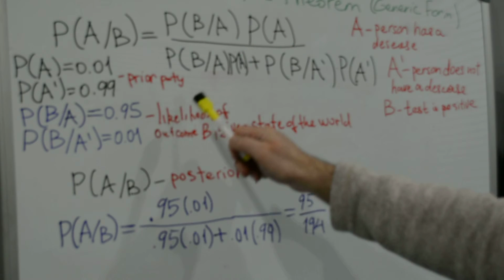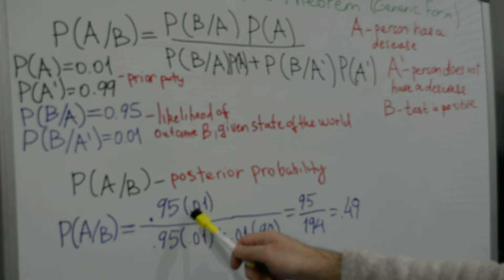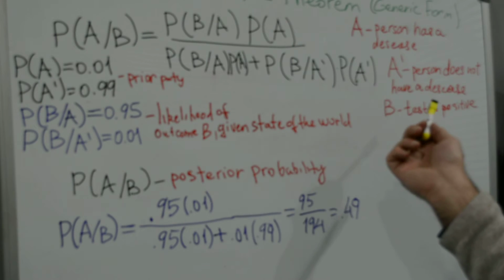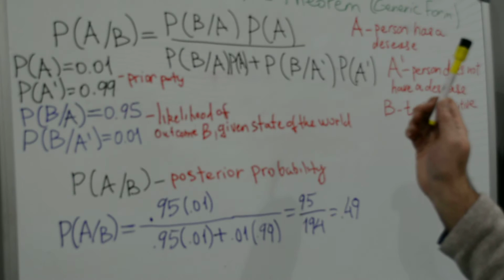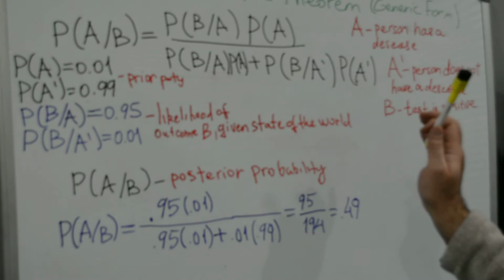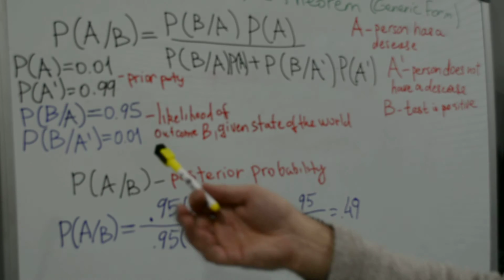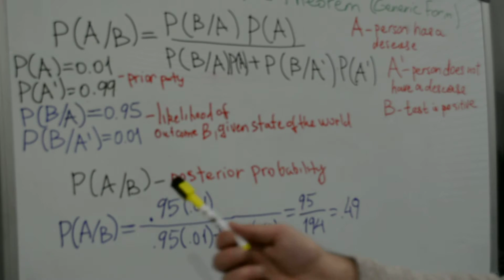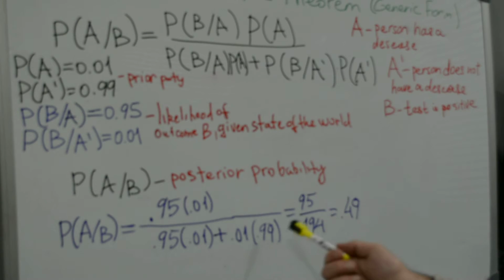Probability B given A is 0.95. Probability that person in the population has a disease, the probability of disease in the population is 1%, and no disease is 99%. And naturally, if a random person is tested, then its chances that it has a disease is 0.01.